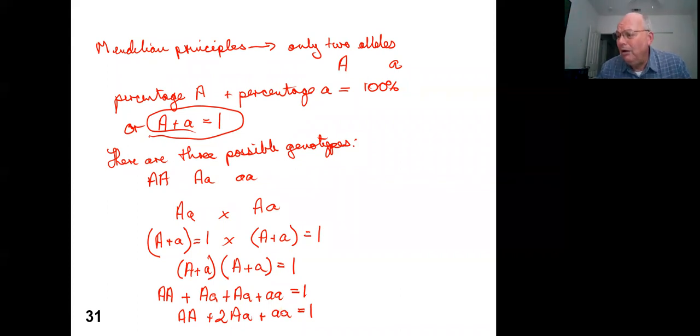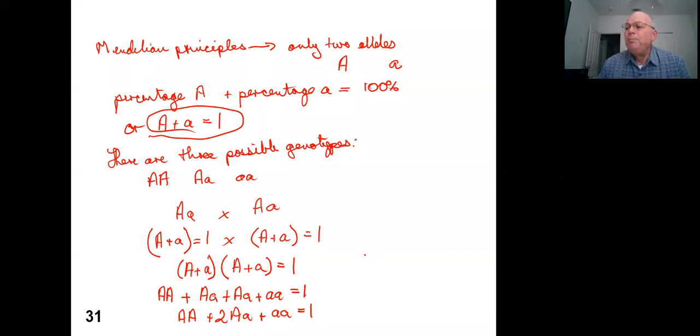From that, we can calculate the frequency of the recessive allele, what we're referring to as little a here, but as you'll see, we use a different symbol. Once we know little a, we can very quickly figure out big A, because big A is simply 1 minus little a. And then once we know big A and little a, we can figure out big A squared, little a squared, and big A little a, and multiply that by 2 and figure out how many heterozygous individuals there are.